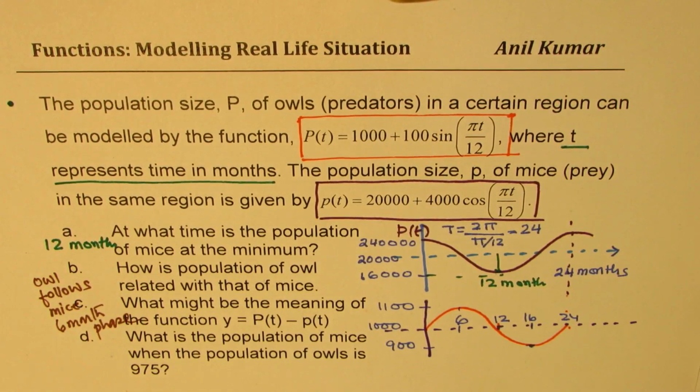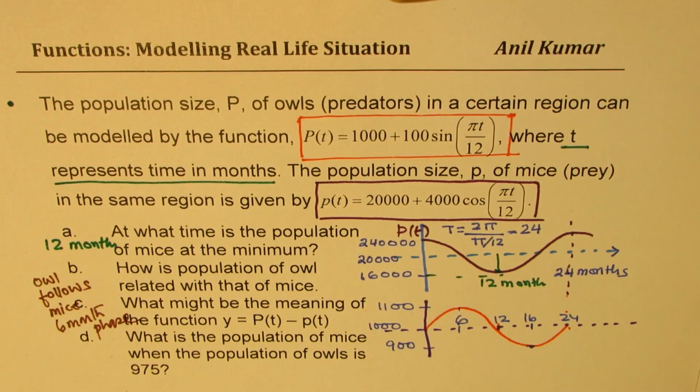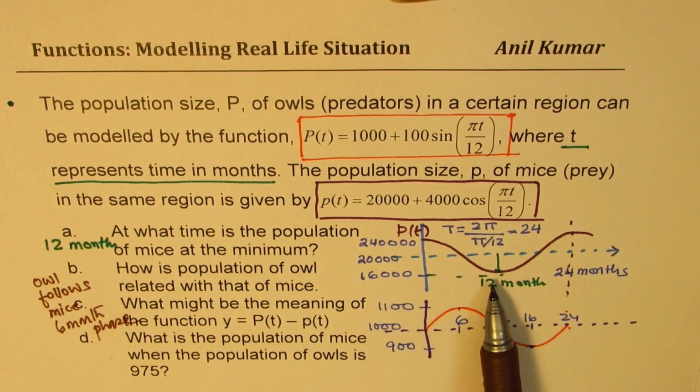Basically, the owl population reaches its maximum 6 months after the mice's maximum, and it hits its bottom when the mice population has already done so 6 months back because of lesser food available. Perfect. So that makes huge sense.